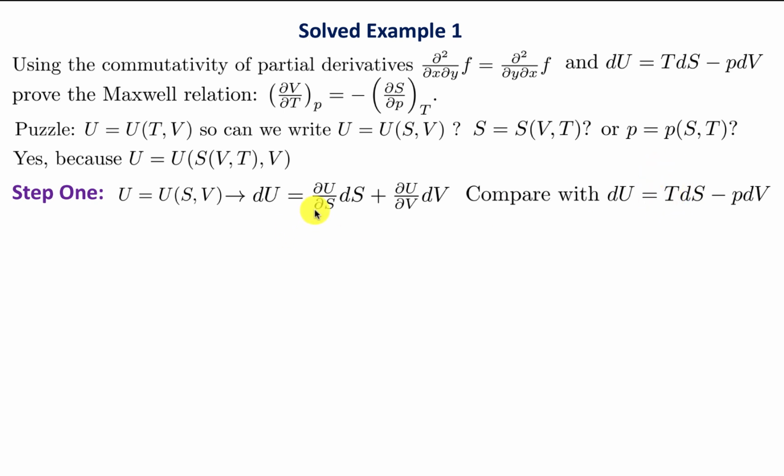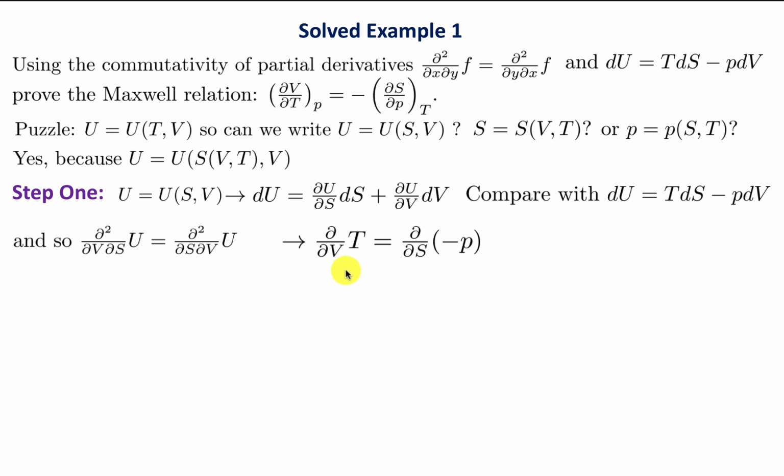So T is the same as this, and minus P is the same as this. Now let's use the commutativity of partial derivatives. If we differentiate U with respect to S first and then with respect to V, or with respect to V first and then with respect to S, we should get the same thing, in which case dT by dV will be d by dS of minus P.